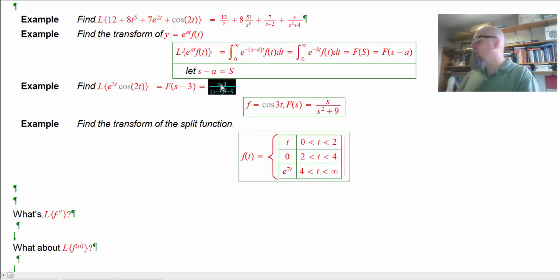So now this is the transform of e to the at cos 3t. It's the shifted transformed function. Of course, I might not see it like this. Someone might have expanded this s minus 3 out.